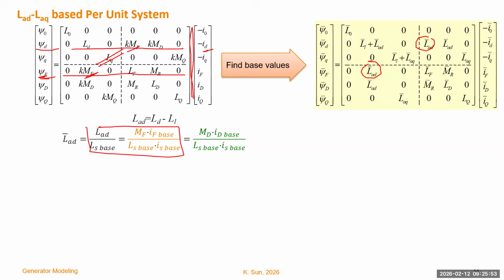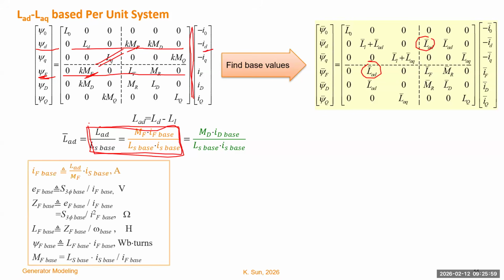So that can easily prove that this is possible when this equation holds. Okay, so finally we can use this equation to define the field current base. So starting from the field current base, you can define the field voltage base, field impedance base, inductance base, flux linkage, and finally you can give it as well for this MF base.